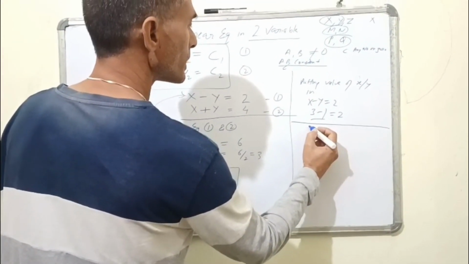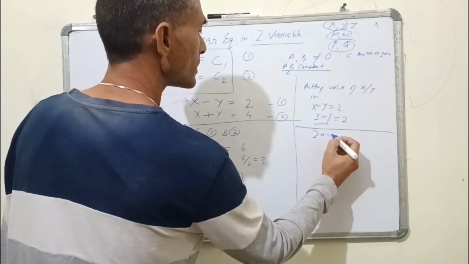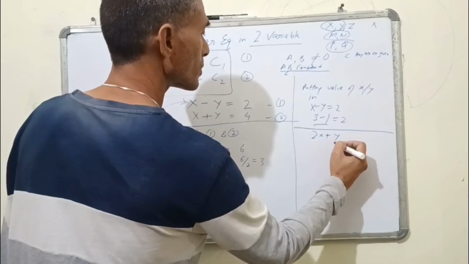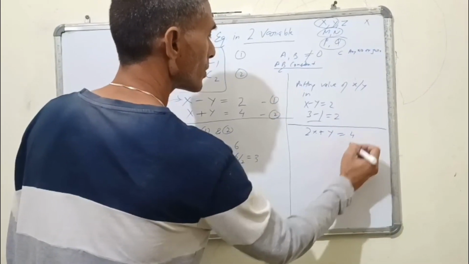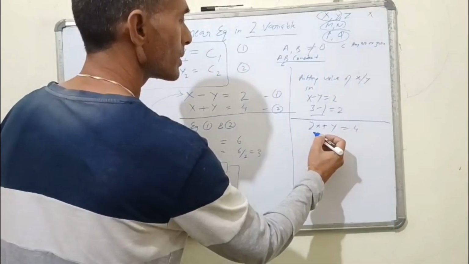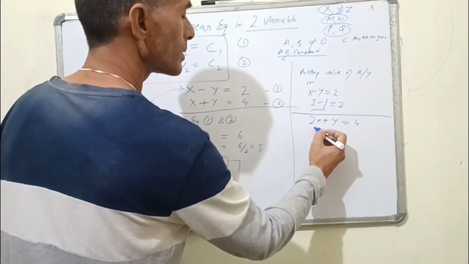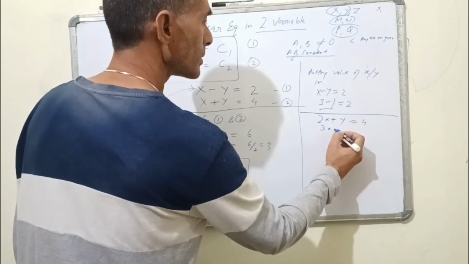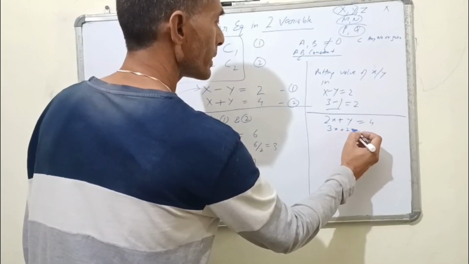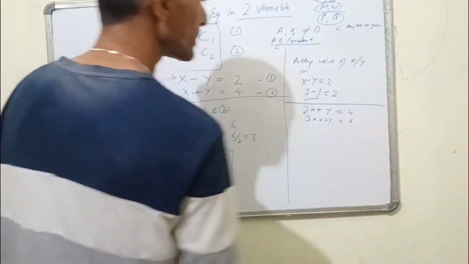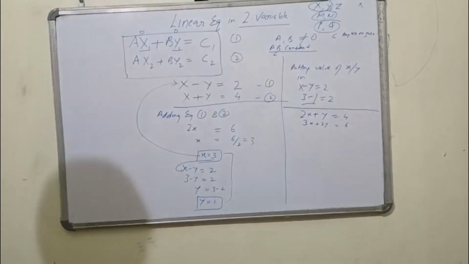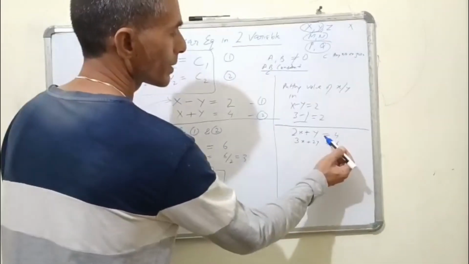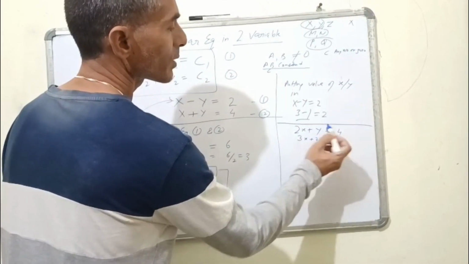Let's say this time we will change the question slightly. 2x plus y is equal to 4, and this one, let's say 3x plus 2y is equal to 6. Now this is a little bit complex. Here we cannot cancel out anything.